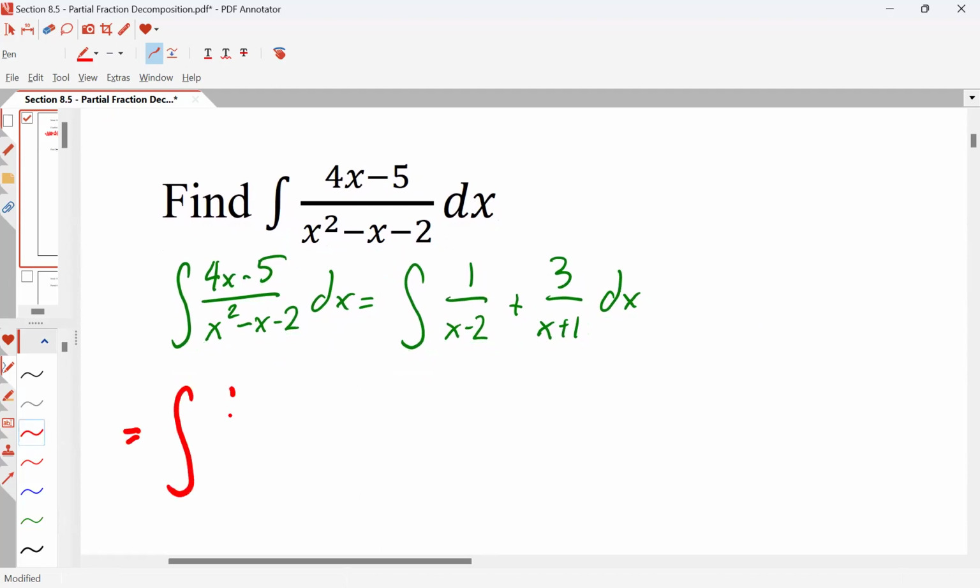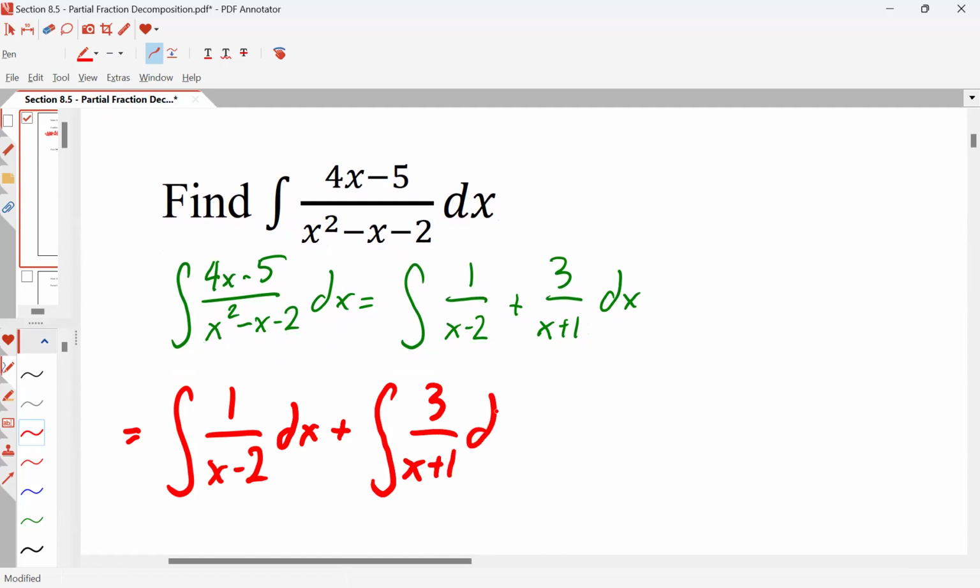Now, each of those is really easy to integrate. The first, we essentially have a 1/x example, and the antiderivative of 1/x is the natural log.